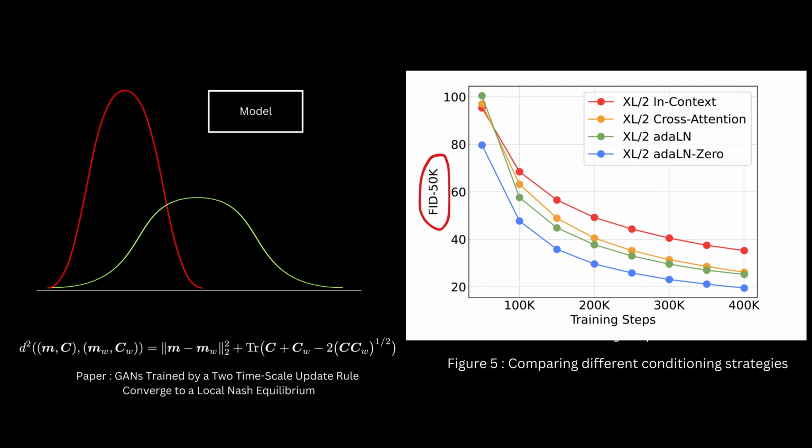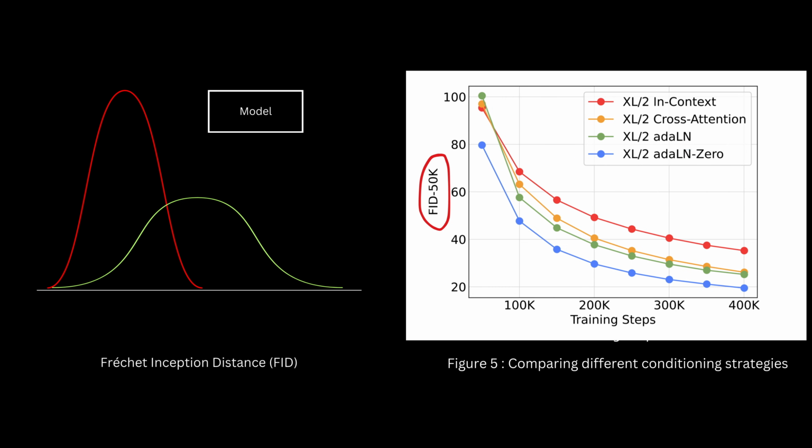Similarly, feed the distribution of generated images to the model and get the mean and variance of output activations for these generated images. Then we use this distance metric between two Gaussians to get the FID. So lower the FID, the better, as the distribution of generated images is closer to the distribution of real images. And 50K just represents the number of image samples used to compute this metric.